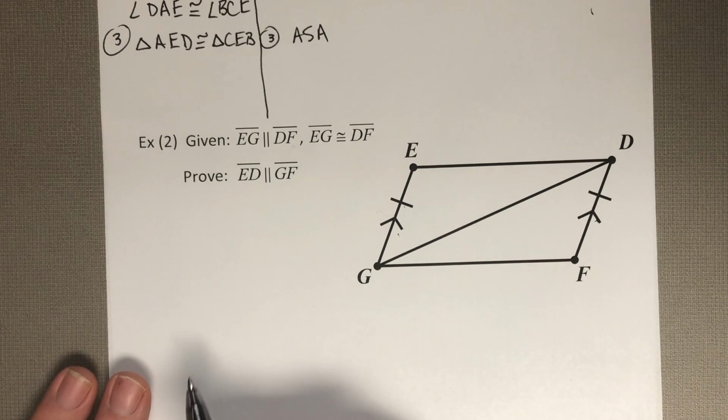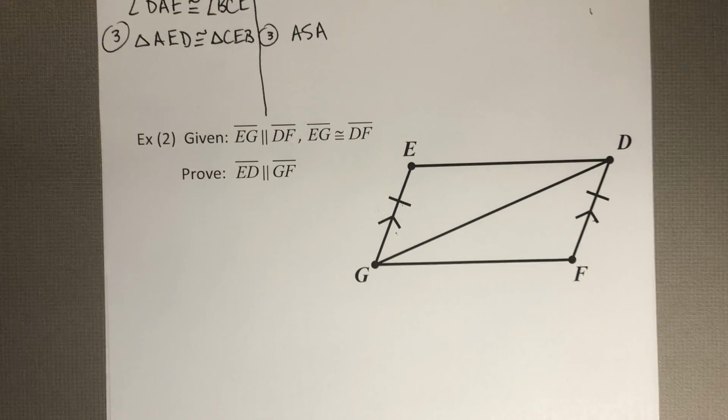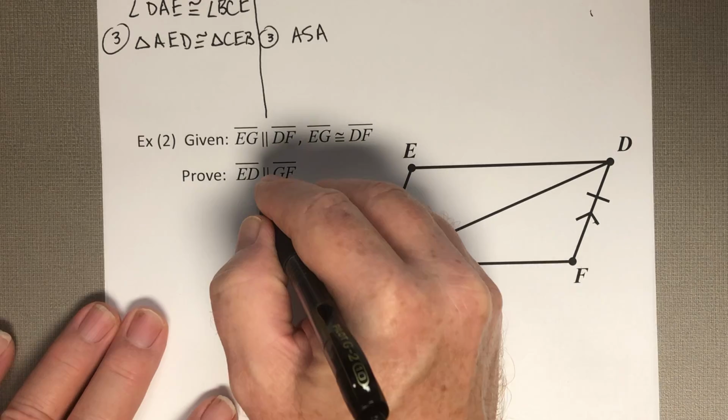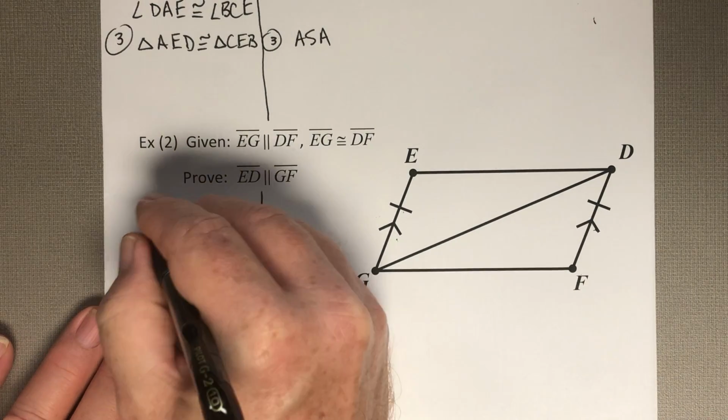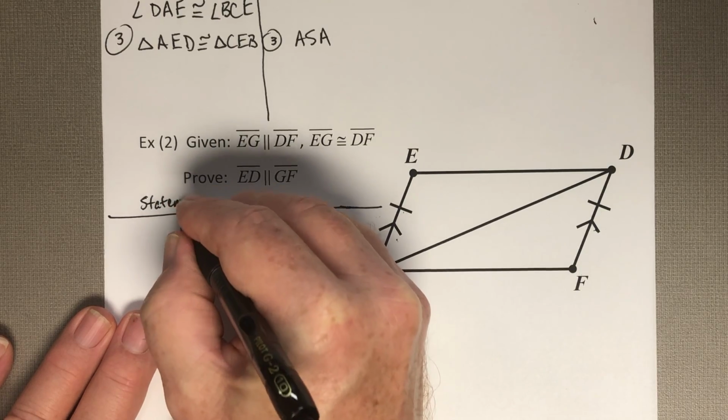What we could do is prove some triangles are congruent, then get some corresponding parts of those, and then use a converse of one of our parallel lines theorems. So that's what I'm going to do. I'm going to start with my statements on the left and their corresponding reasons on the right.